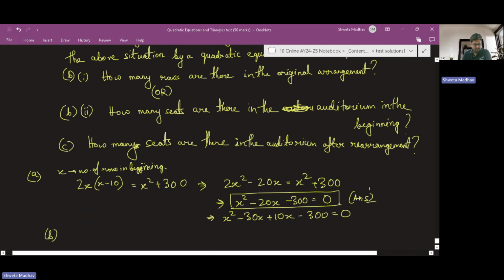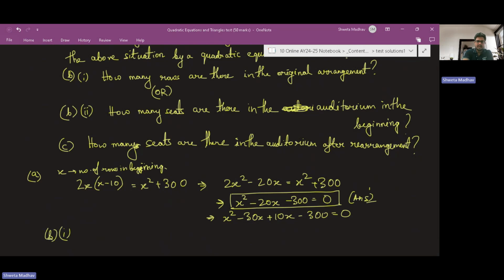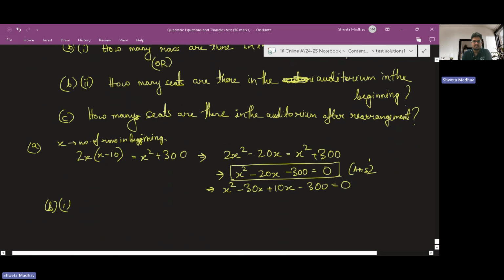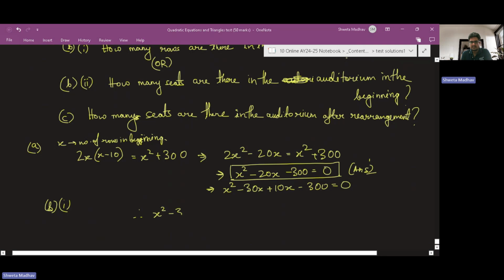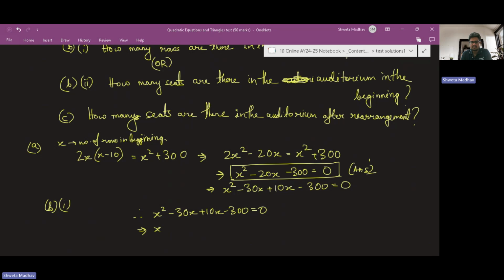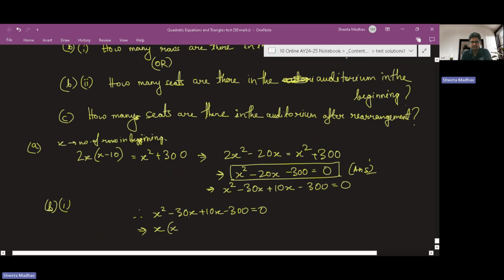And then it is asked how many rows were there in the original arrangement. So it means we have to find the value of x. If we solve it, x squared minus 30x plus 10x minus 300 equals 0. Taking x common from the first two terms, we get x into x minus 30, and taking 10 common from the next two terms, we get 10 into x minus 30, equal to 0.